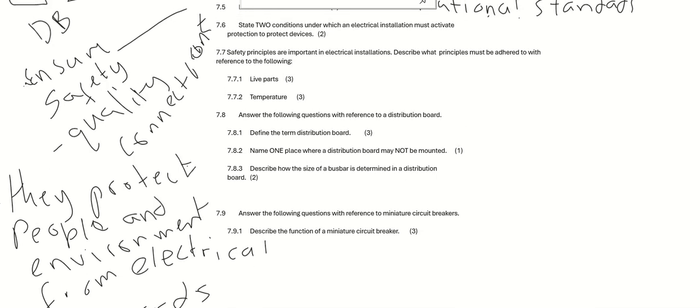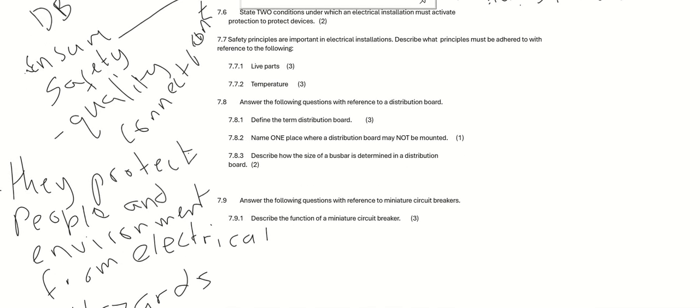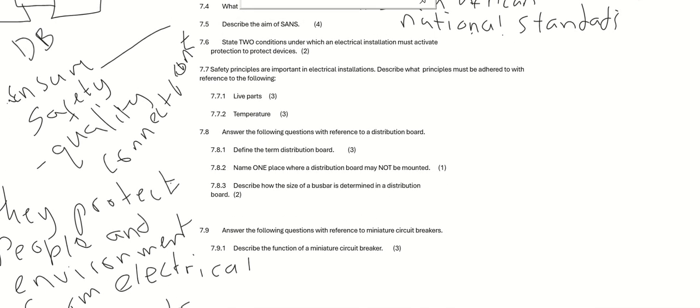7.6: States two conditions which an electrical installation must activate protection to protect devices. Okay, the conditions I explained there. I think I explained this one. If I didn't, please forgive me.